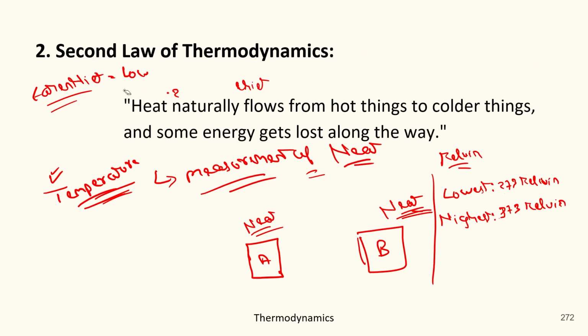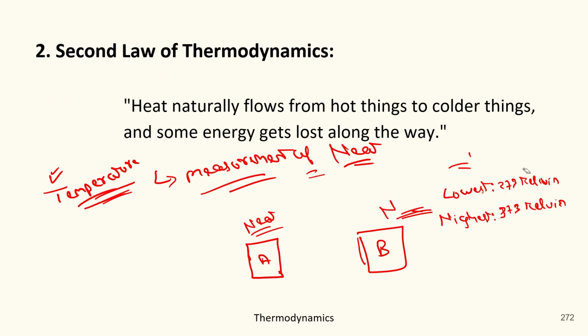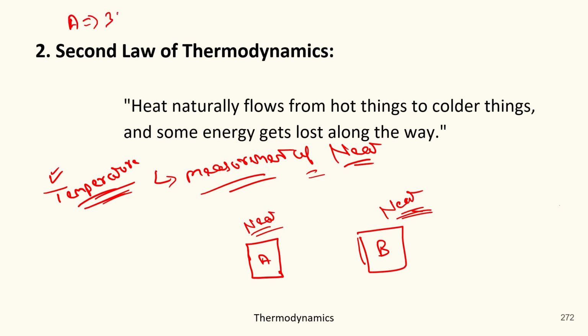So if I ask you how you could measure the temperature of these bodies, you could tell me that for A, the temperature is 32 degrees Celsius, 78 degree Fahrenheit, and 78 degree Kelvin.